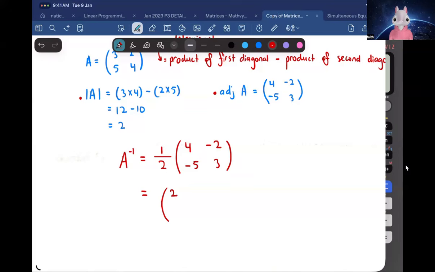If you want to move a little faster, just write that half as 0.5. So you can just multiply everything by 0.5. Negative 1. Right? What's a half by minus 5? That should be negative 5 over 2. Because 1 by negative 5 is negative 5. So negative 5 over 2. And the last one, a half by 3, is 3 over 2. Yes. That's it.